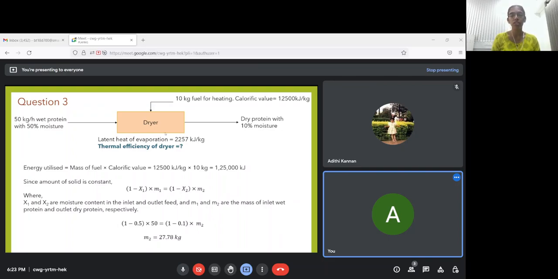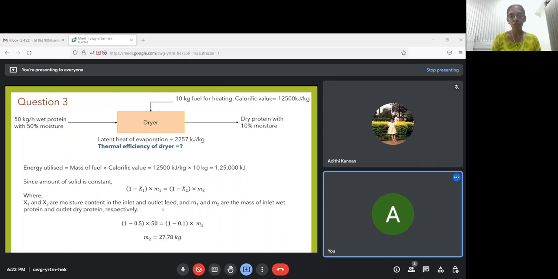So since this is a drying process, there is some amount of water being evaporated, and you can calculate this if you find the difference between m1 and m2. As you can see here, you are sending in 50 kg of protein, but what you are getting out is only 27.78 kg of the protein.